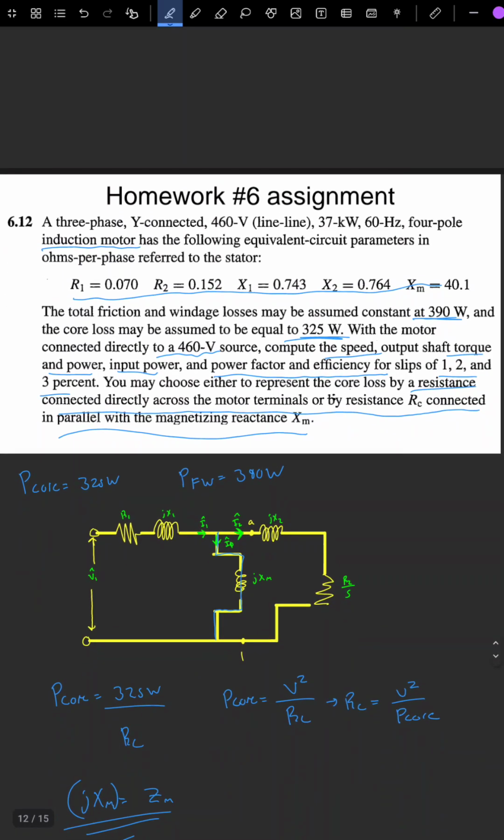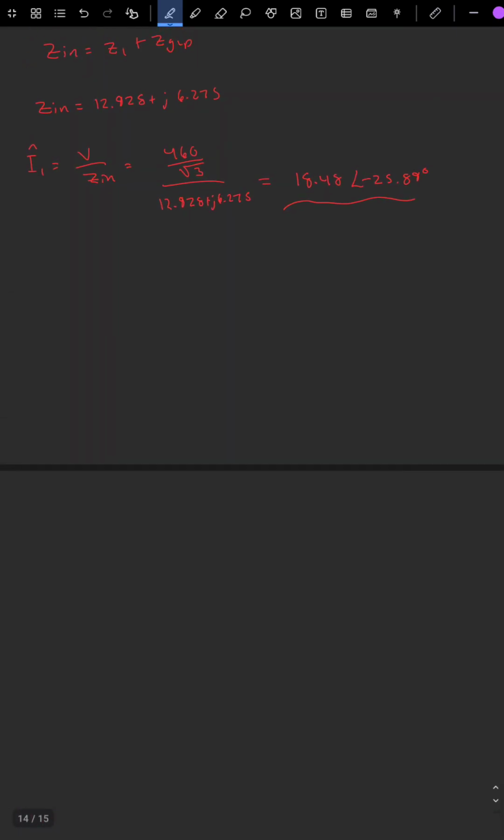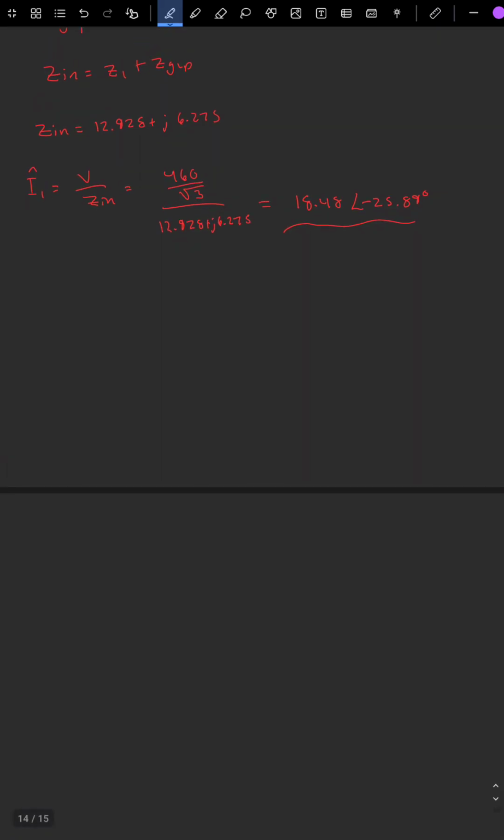So let's look at what we have so far. Got the speed, good. Now we don't have the output shaft torque power yet. We don't have input power, we don't have the power factor, and we don't have efficiency. So to find all that, realistically, you're going to have to start and find everything that we found before. But first, I'll write down the equation for the power at the shaft.